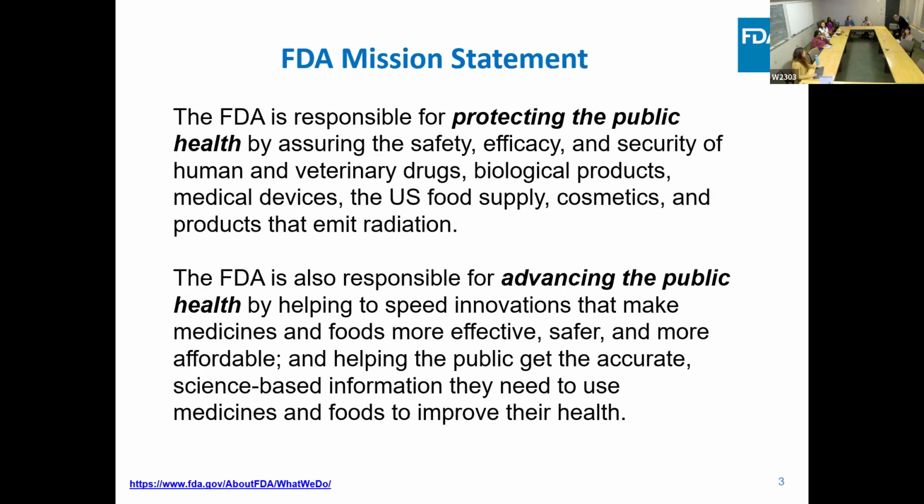So the FDA is really a public health organization, and it works to assure the safety, efficacy, and security of human and veterinary drugs, the food supply, cosmetics, and other products that emit radiation.